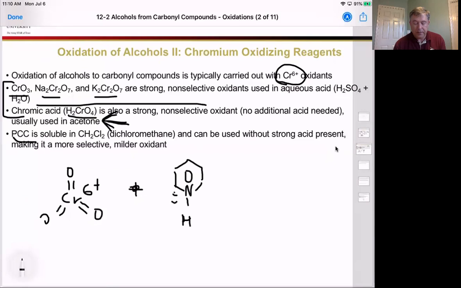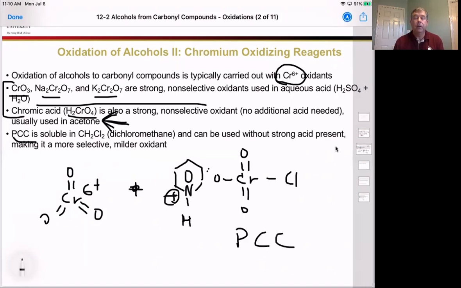This is the pyridinium cation because it's protonated with a hydrogen. And then we change slightly the reactivity of the chromium, even though it's still oxidation state +6, the addition of this chloride reduces the oxidizing ability of it, and therefore this compound, PCC, pyridinium chlorochromate, is not as strong and is more selective, and so we can stop it at different stages in the oxidation.